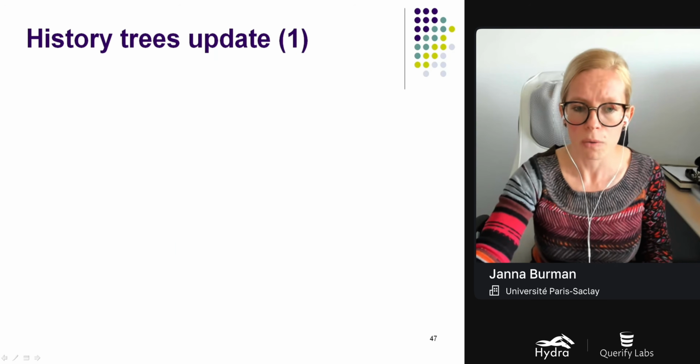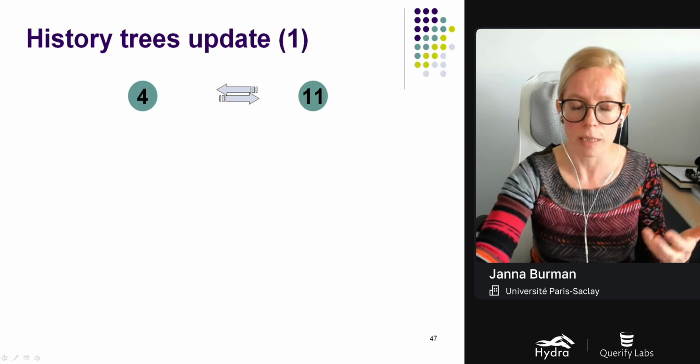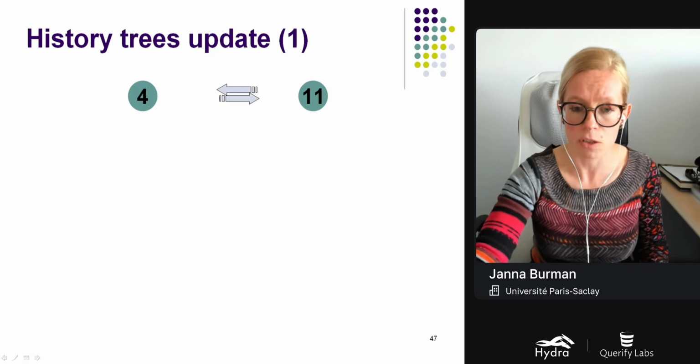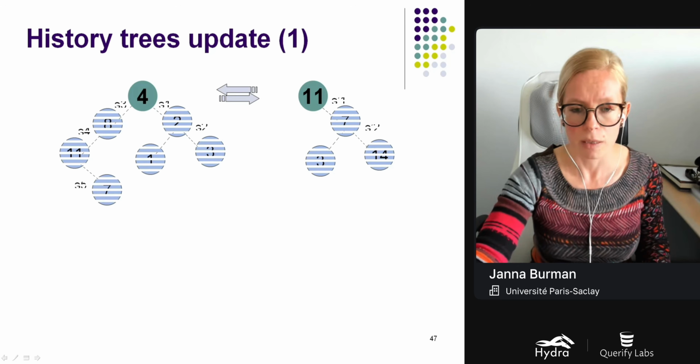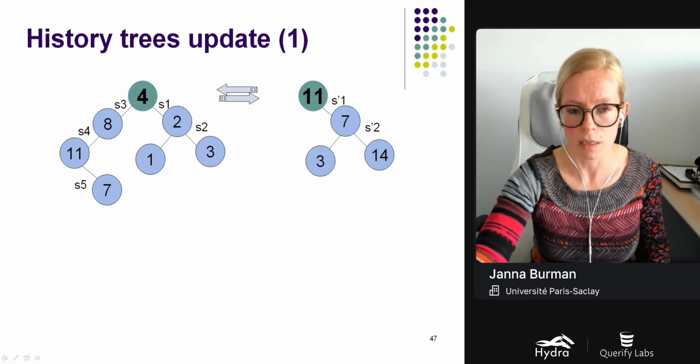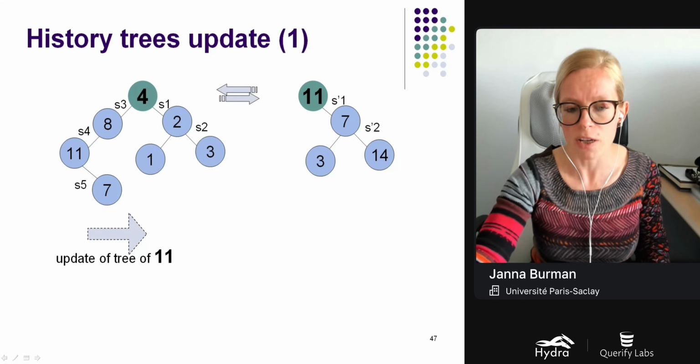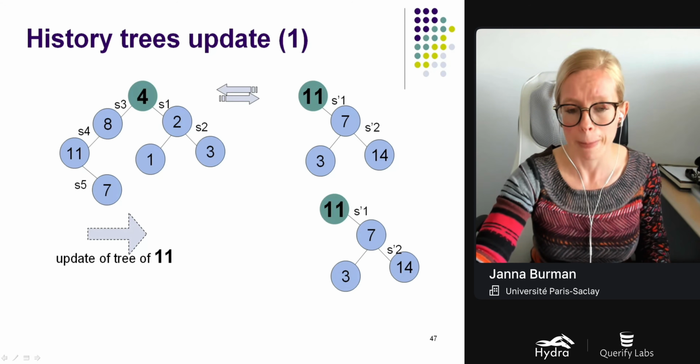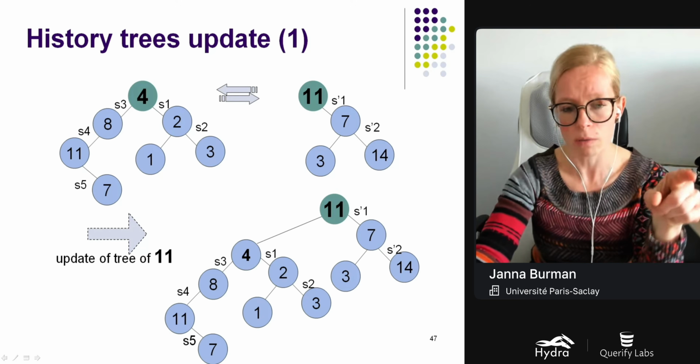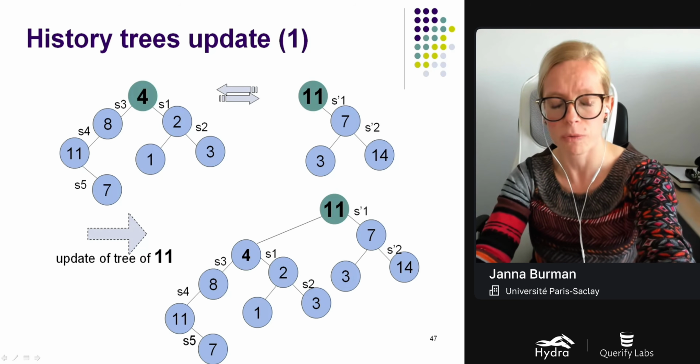So how do agents adopt and update their trees? Let's take these two agents 4 and 11 with these trees you see. Agent 11 during this interaction will add the tree of 4. I just copied the tree of 4 here.